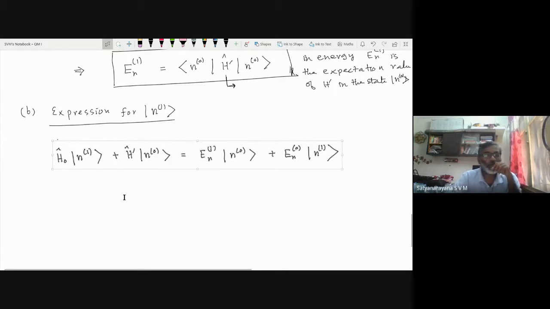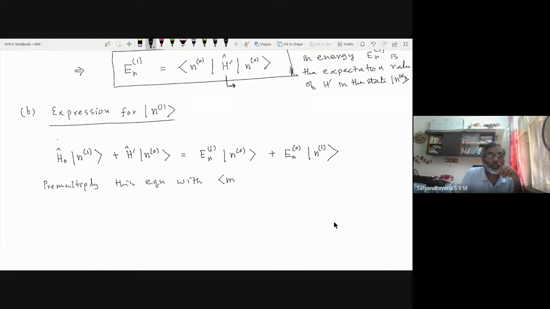The coefficient of lambda power 1. Now in this equation, let me pre-multiply this equation with some m0, where m is different from n, some other unperturbed state.